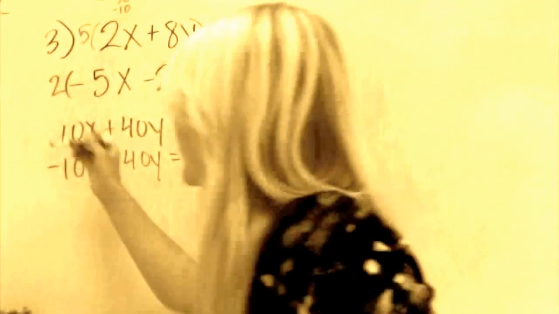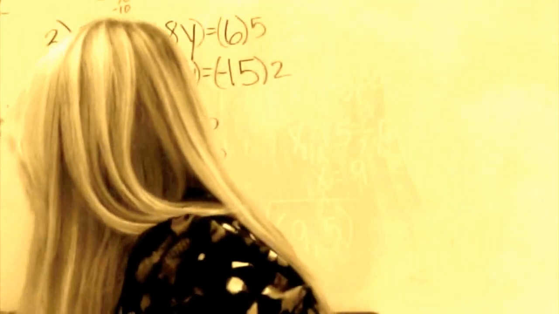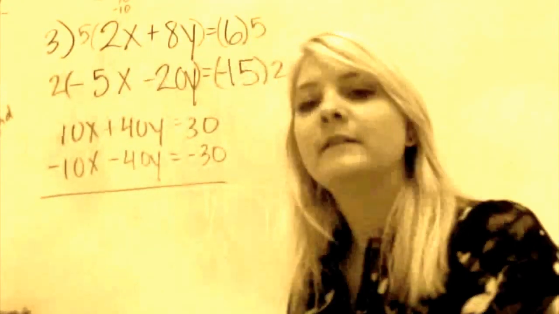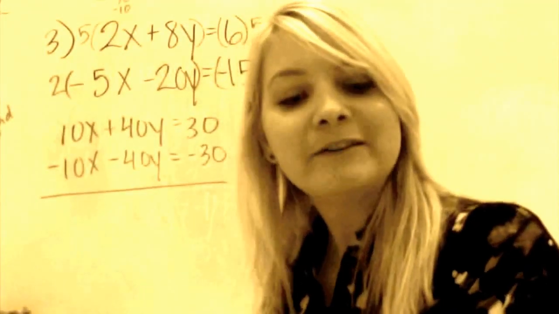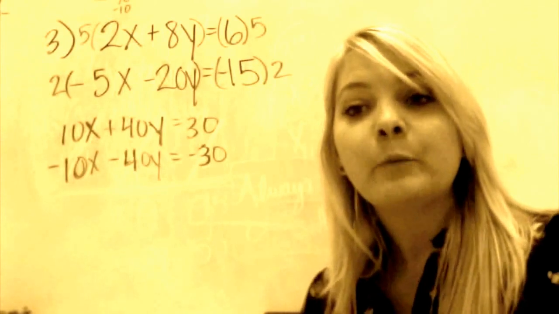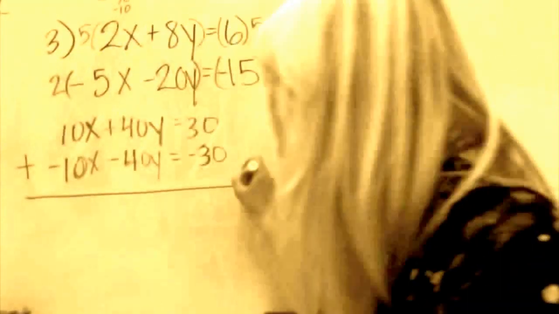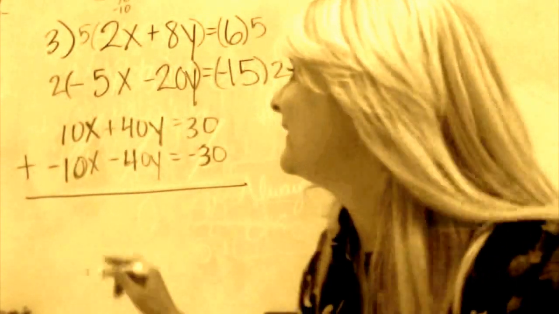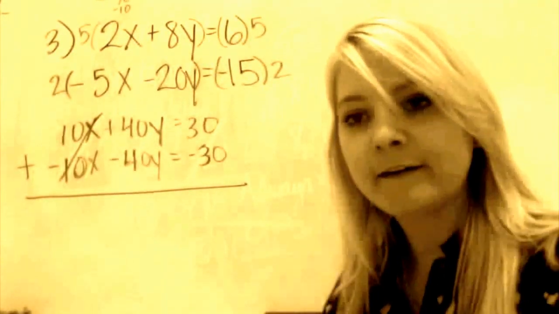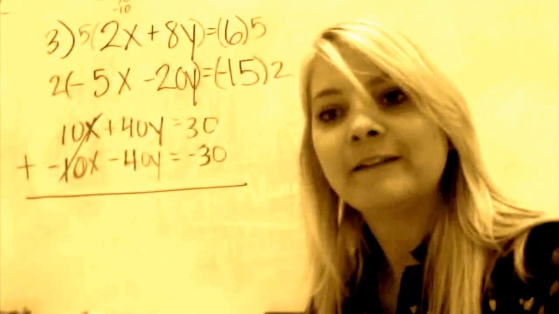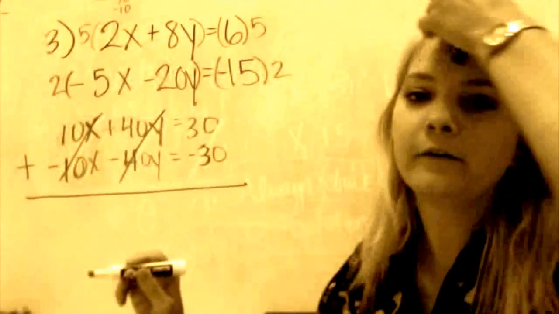All right, so that's our first step, and we're rewriting those in our second step. And keep in mind, to eliminate, we're going to add these expressions together. So we get 10x plus negative 10x, which cancels out to 0. Then 40y plus negative 40y, which is also 0.